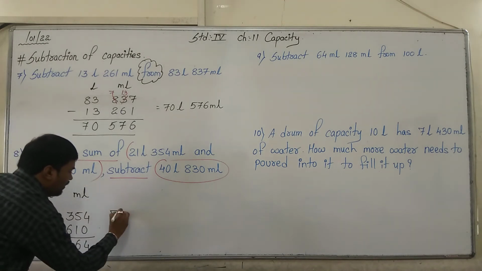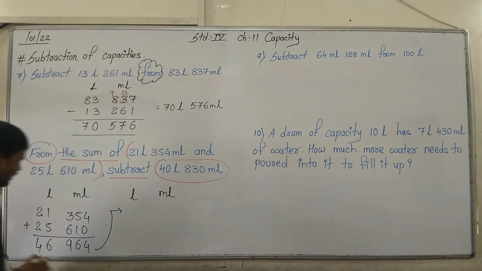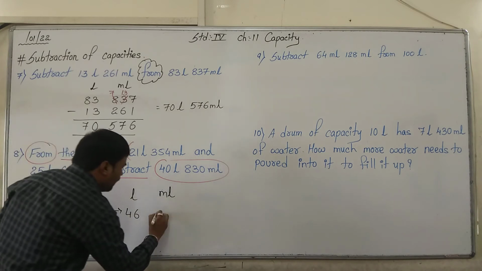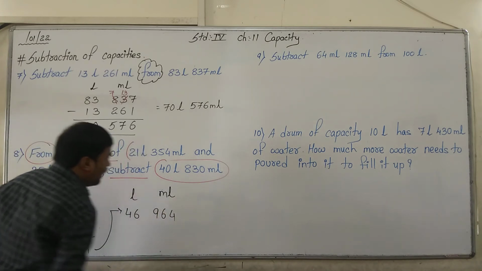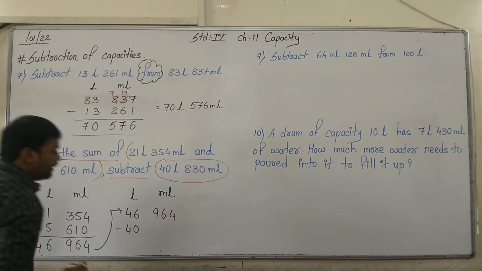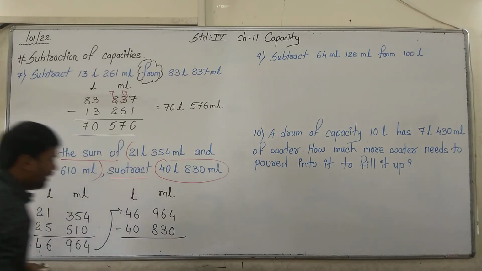Now from this sum, what is the sum? 46 liter 964 ml. We are going to minus the last quantity, that is 40 liter 380 milliliters.